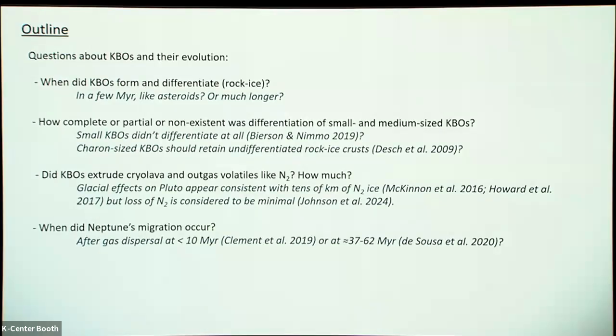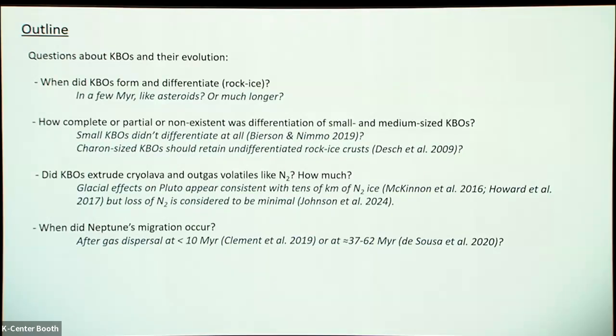So, questions about that. And when did all these dynamical instabilities in the solar system occur? The Kuiper Belt is a probe of Neptune's migration outward associated with the dynamical instability of the outer planets. And there's a question about when this occurred. It could have occurred immediately after the gas in the disk dispersed, maybe less than 10 million years.